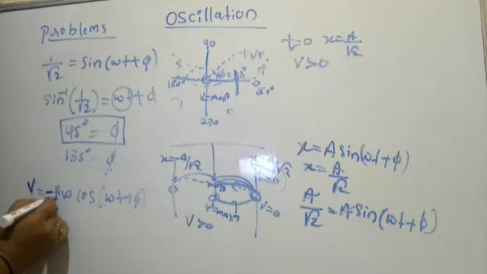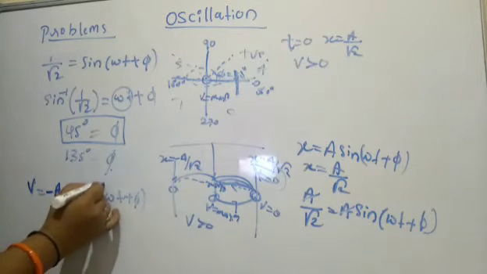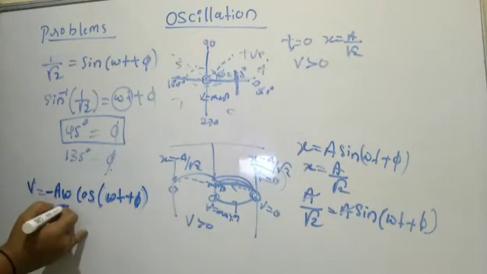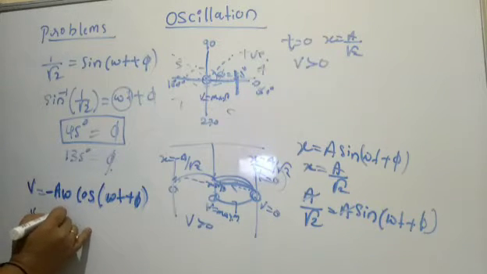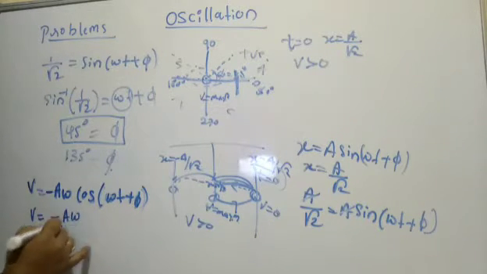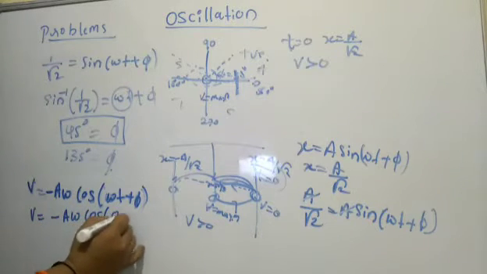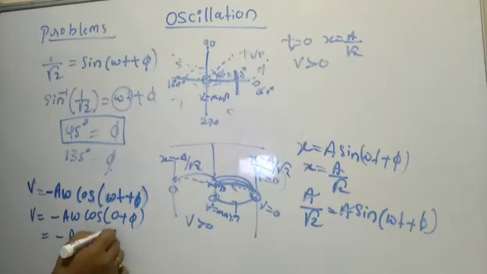So v is equal to minus a omega cos omega t plus phi it is. Next, as we know, we have to find out the velocity here. Minus a omega cos, t is 0 here, phi. So remains with minus a omega cos phi here.